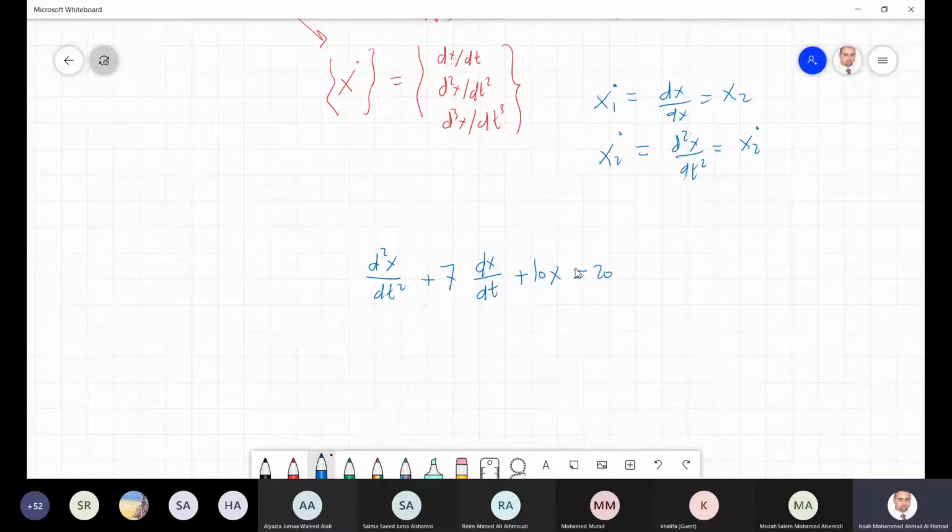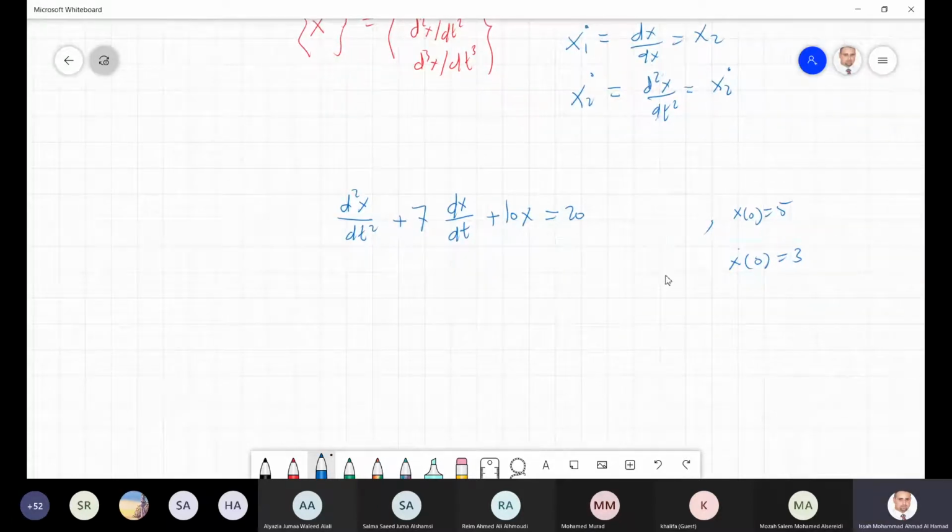We will solve this differential equation using ODE45. Now I have initial conditions x of 0 equals 5 and x dot of 0 equals 3. So let me start by writing this differential equation. This is a second order ODE. Let me start by writing this differential equation in state variable form. Okay?